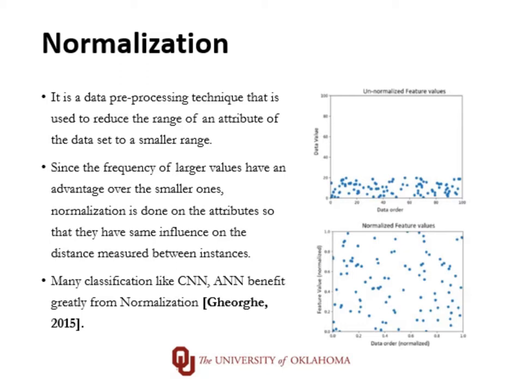There are two types of normalization techniques, which are min-max normalization and Z normalization. Min-max normalization uses minimum and maximum values to normalize the data, whereas Z normalization uses mean and standard deviation to normalize the data.